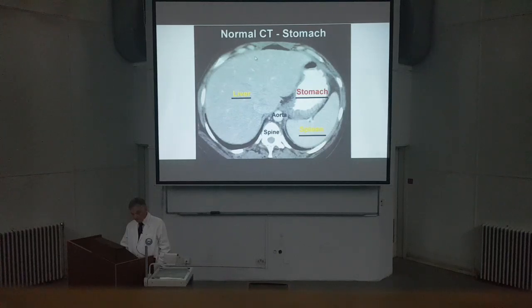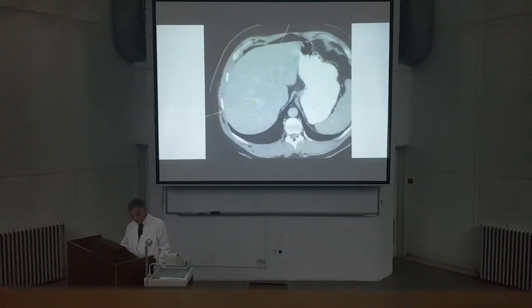Note that this is mainly the right lobe of the liver. The left lobe goes across the midline and covers the fundus of the stomach. That's the liver, that's the stomach full of barium.